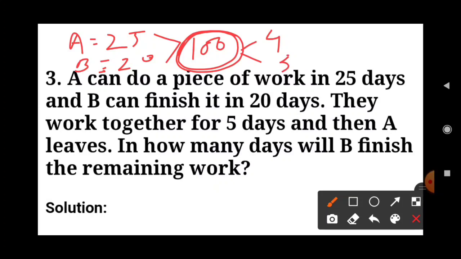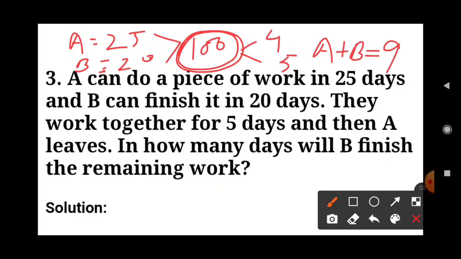That means A can complete 4 units of the task in 1 day and B can complete 5 units of the work in 1 day. So from here we can get that A plus B, 4 plus 5, will be 9. So together they can complete 9 units of work in a single day, and they were working together for 5 days.